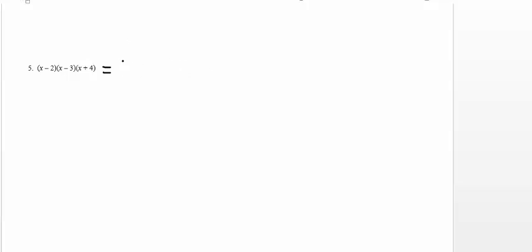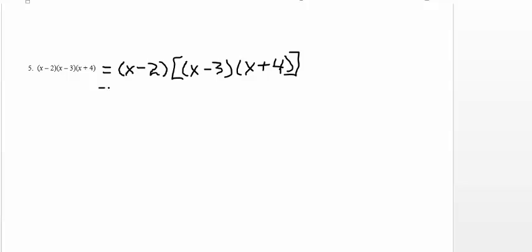I'm going to choose to leave x minus 2 out of it for a moment, and I'm going to now multiply x minus 3 times x plus 4. And I could have done x minus 2 times x minus 3 first.